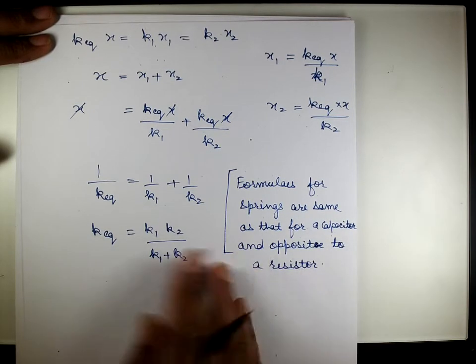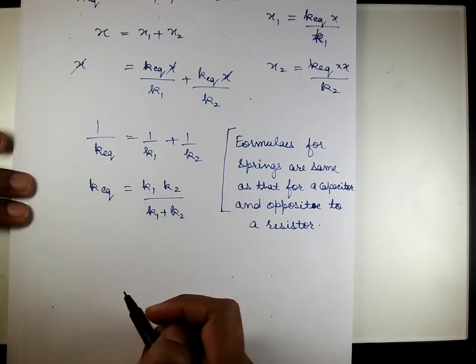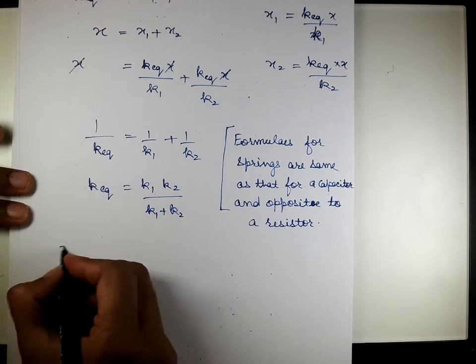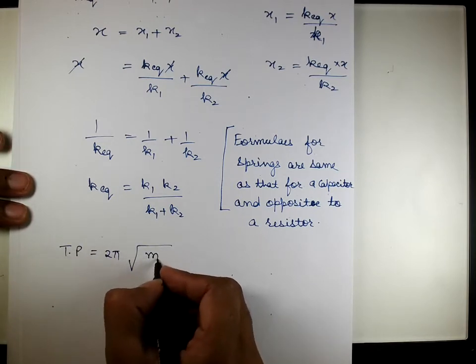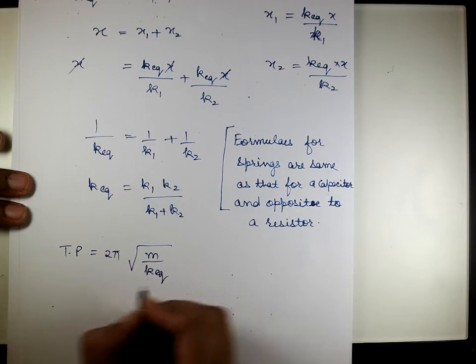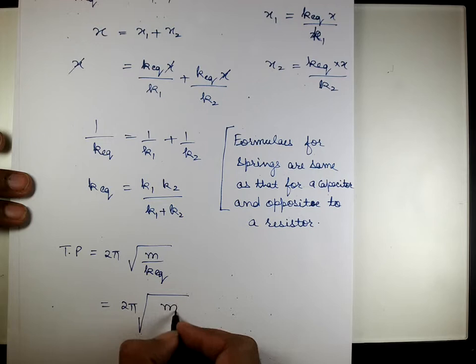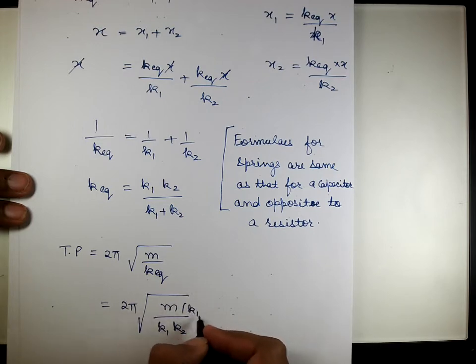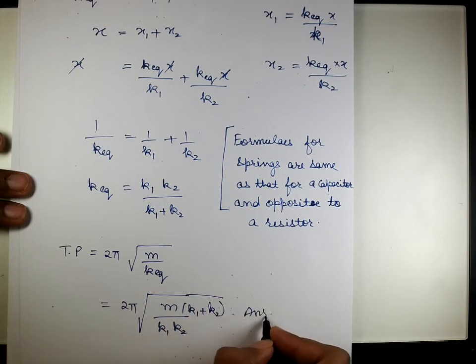If the formulas are the same as for a capacitor and opposite to a resistor, this can be directly utilized. Now the time period in this simple case comes out to be 2 pi under root of m by k equivalent, or 2 pi under root of m by k1 k2 divided by k1 plus k2, which becomes the answer to this problem.